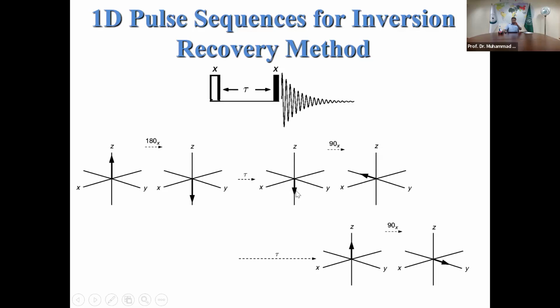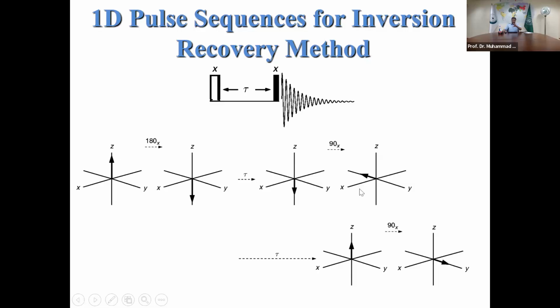And then when you give a 90 X pulse, you bring it to the XY plane, and then you detect it. In the third experiment, you give a 2-second delay. This will further shrink.